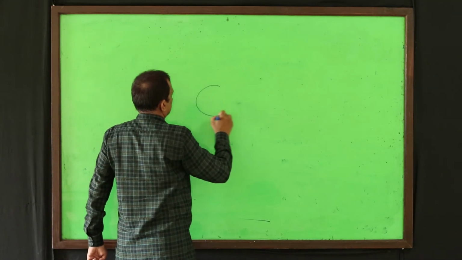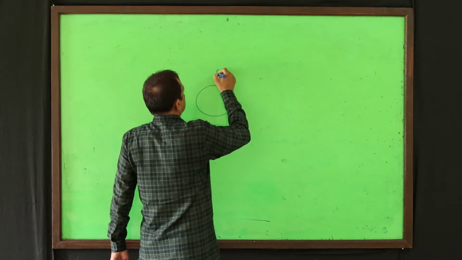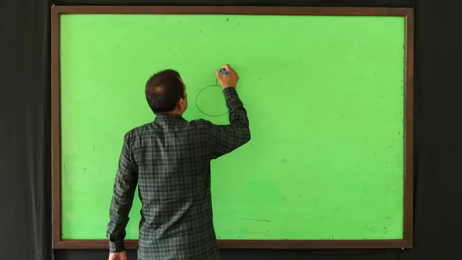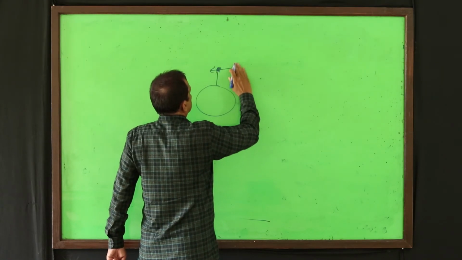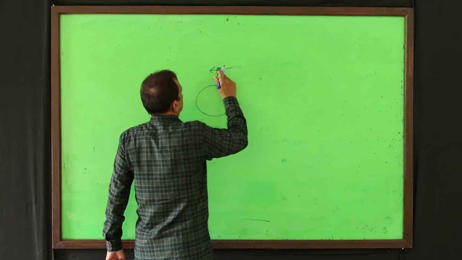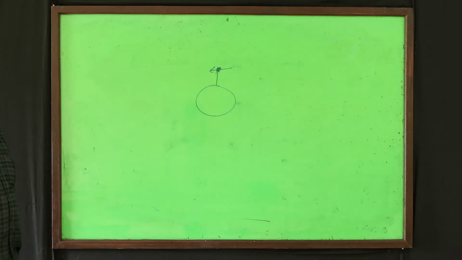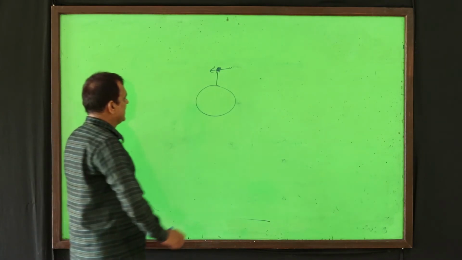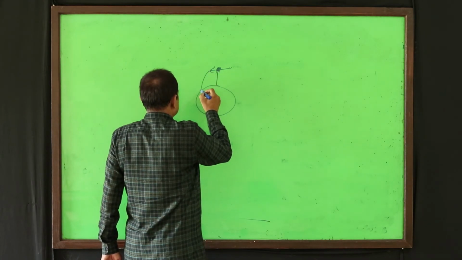This is the earth. Suppose that from here a satellite is projected by giving the escape velocity, and if the escape velocity is less, it falls on the earth's surface here.